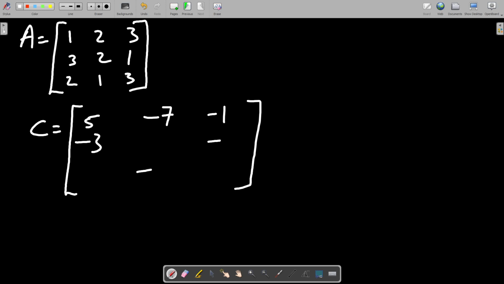So this will become 1 into 3 minus 2 into 3, minus 3 over here. Next it will be 1 into 1 minus 2 into 2, so minus 3 and this minus sign will make it plus 3. Okay. Next it will be 2 into 1 minus 2 into 3, so minus 4.